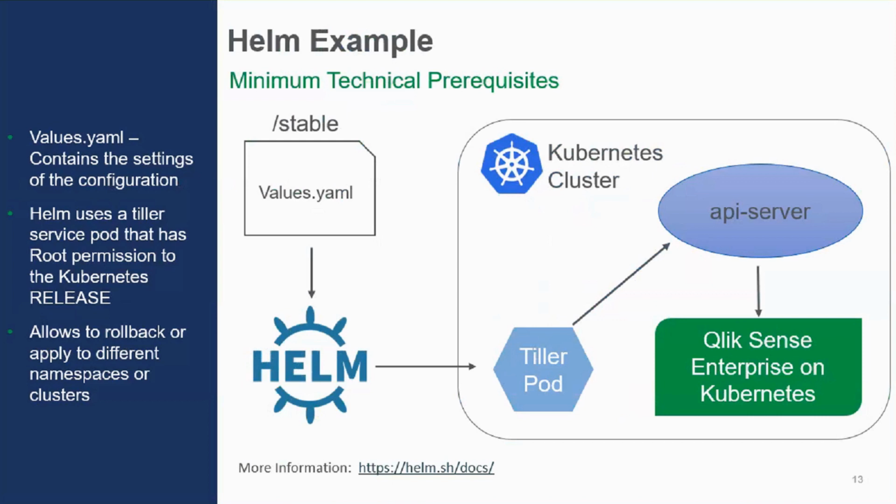It passes it to a tiller pod, which is basically just the service pod running with role-based access control inside of the Kubernetes cluster. That tiller pod can talk to the Kubernetes API service, which will then do the work of creating the things that have been declared in the Helm chart and in the configuration file.